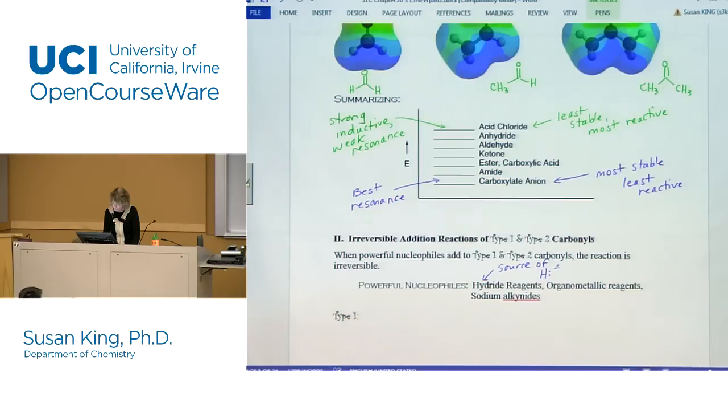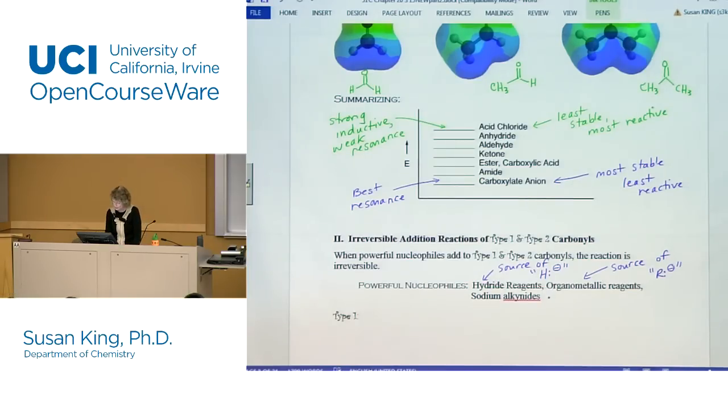We'll talk about those first. And then we have organometallic reagents, a source of R-. I'm going to put these in quotes because we really don't have straight H- and straight R-, but they are sources of those.